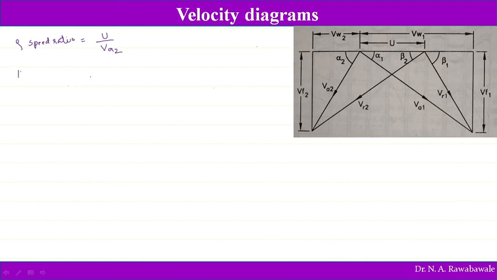Then K is known as the blade velocity coefficient, which is given as Va2 divided by V. The combined inlet and outlet velocity diagrams on the same base U are shown in this diagram.